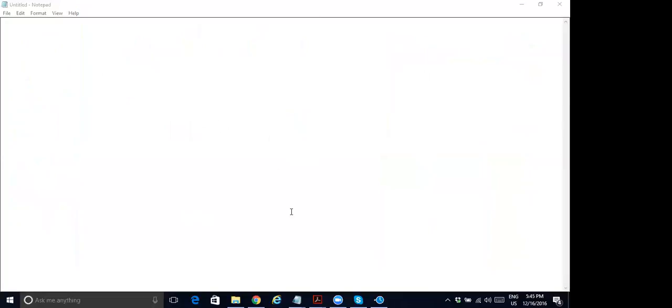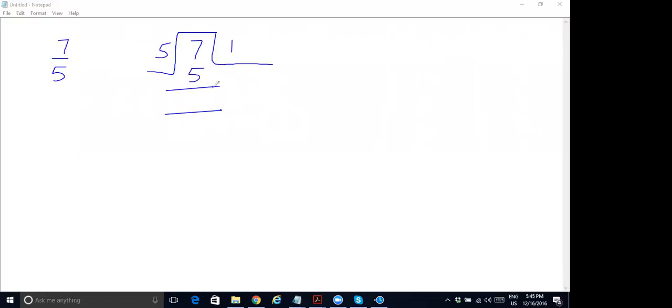Now, I have a fraction like 7 over 5. If I divide 7 by 5, what will happen? I will get some quotient and some remainder, and this is my divisor.